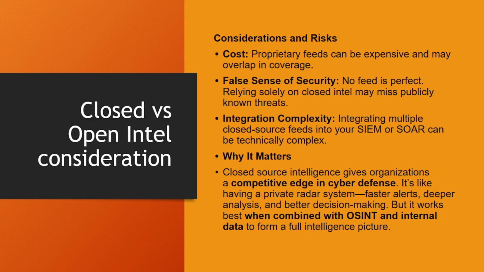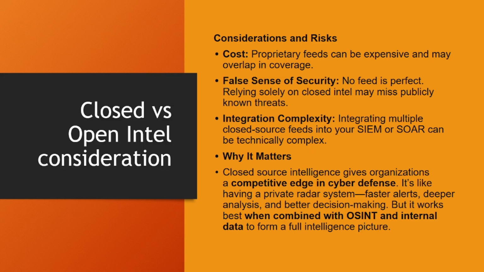Cost is obviously going to be a factor. With the closed feeds, it's going to be more expensive than the open feeds, right? False intel and security: there's no feed that's perfect. So if you only rely on closed intel or open intel, you're going to miss out on certain things.